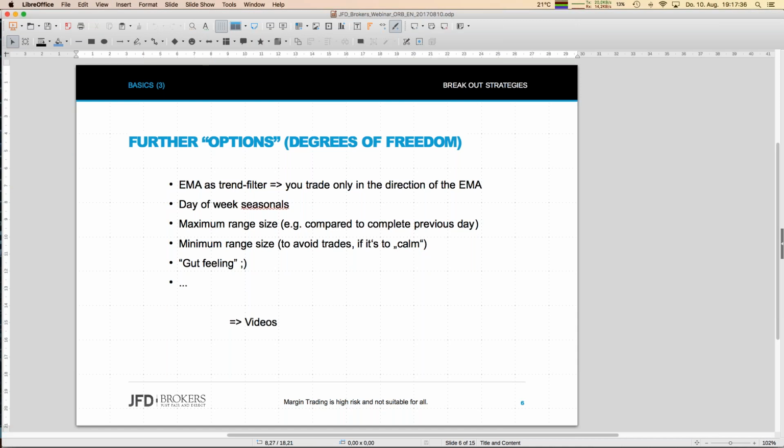You might think about other options or other filters, for example, like day of week seasonals. You remember we have had that DAX strategy using the day of week as an indicator for a certain direction. By the way, that strategy runs really well.